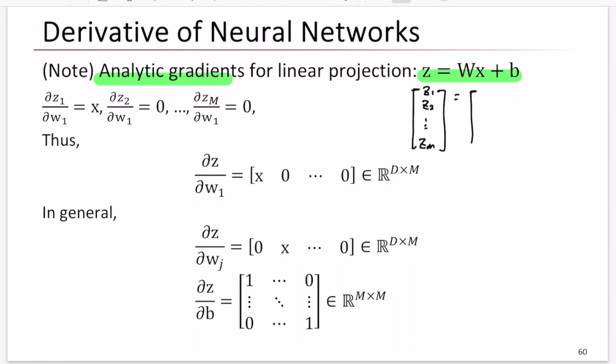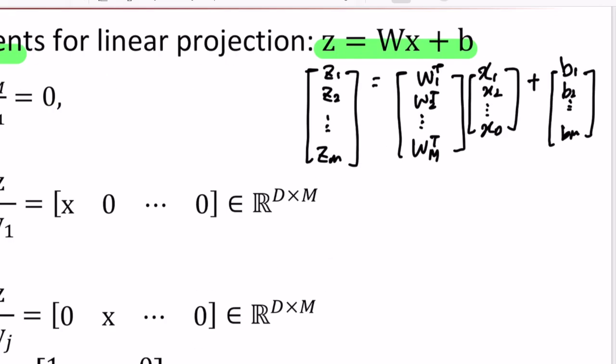W was a matrix consisting of m row vectors, and X was a t-dimensional vector. Of course, B is just an m-dimensional vector, right?